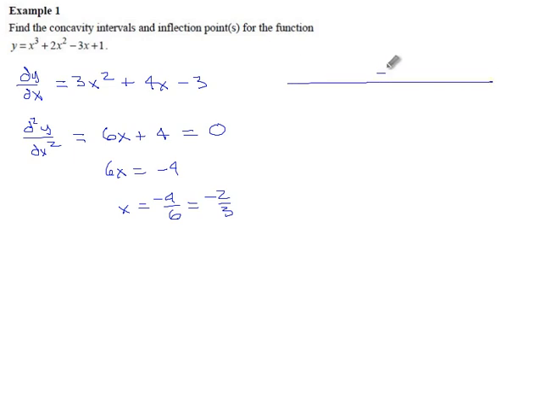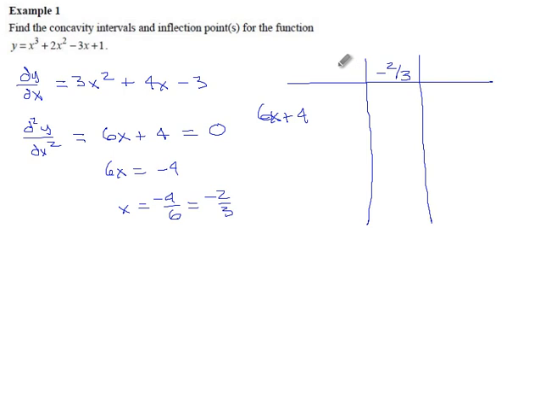So there's exactly one place where the second derivative is 0. Also, if there were any places where the second derivative is undefined, we would be interested in those as well, but this is a linear function. It's defined everywhere, so minus 2/3 is our only point of interest. And we want to know, how does our second derivative, 6x plus 4, behave around this?